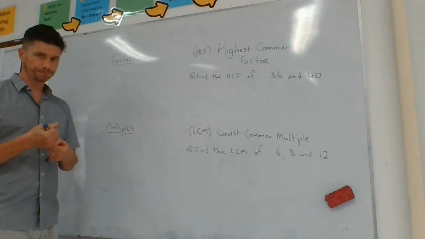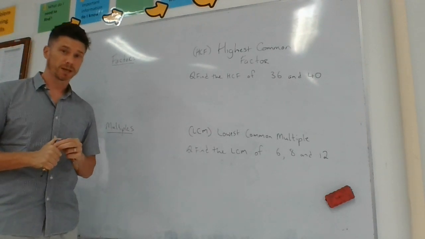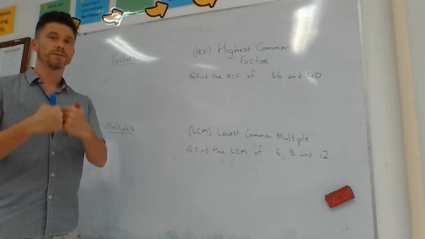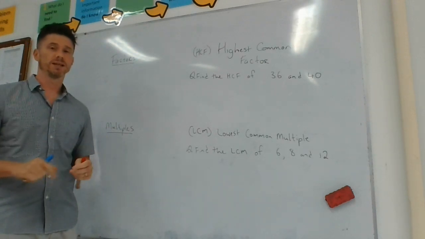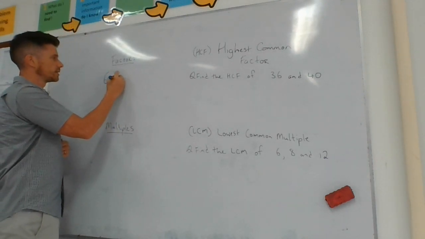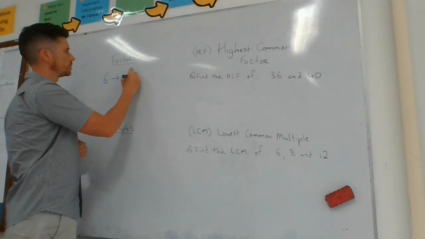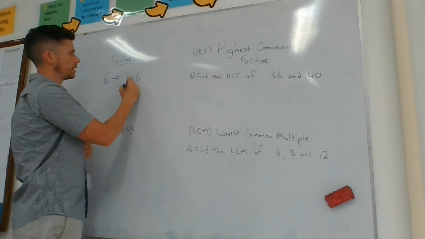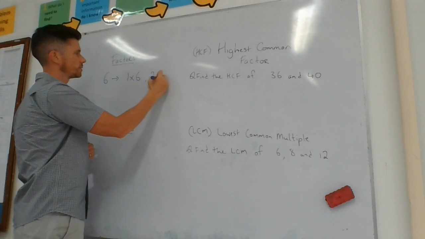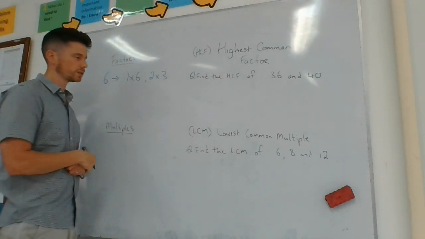Factors in general are numbers that would multiply to give another number or divide in evenly into a number. So for instance, if I have the number 6, I think of some numbers that multiply to give 6: 1 times 6, and 2 times 3. Okay, all those multiply to give 6.